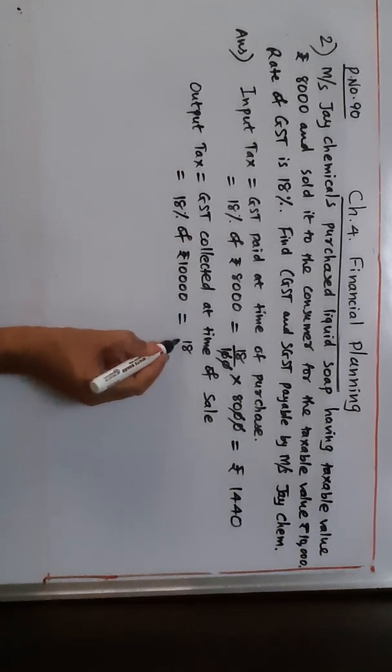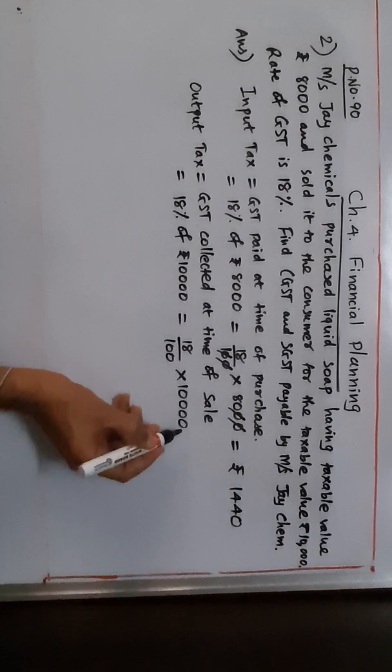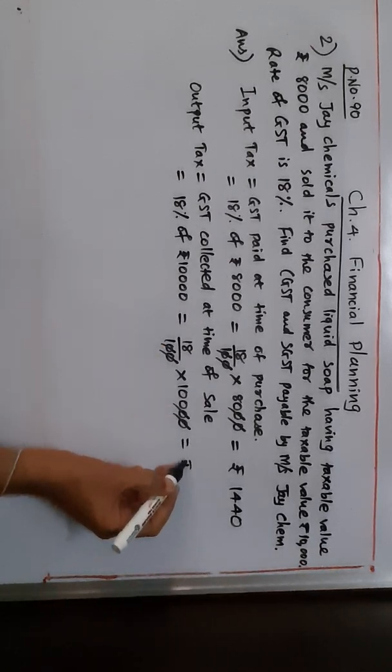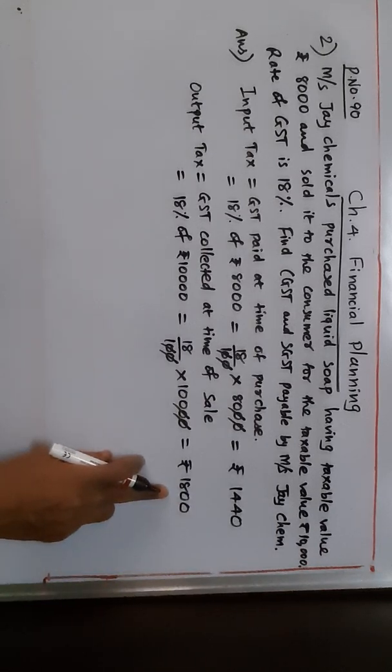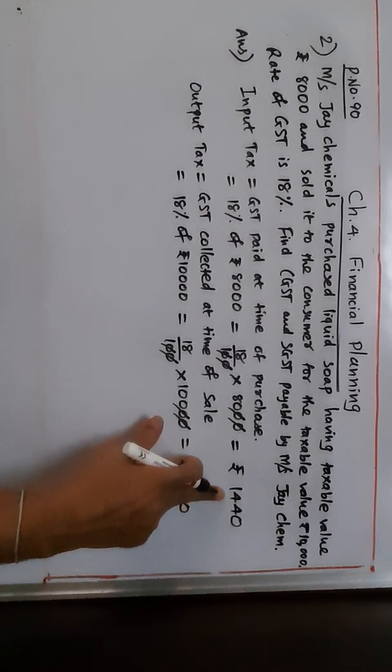So 18 upon 100 multiplied by 10,000. Then we cut these two zeros with these two zeros. So this will be rupees 1800. Now from this 1800, Messrs J Chemicals has the right to subtract the input tax credit 1440, because this is already paid, correct or not?